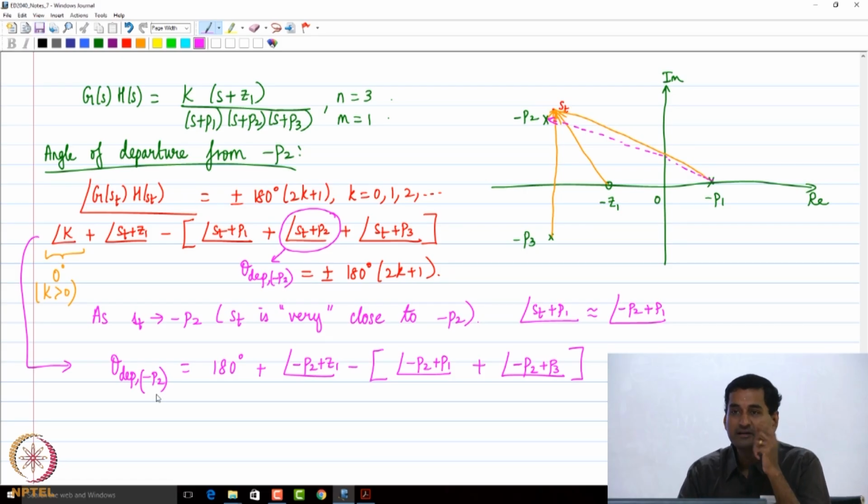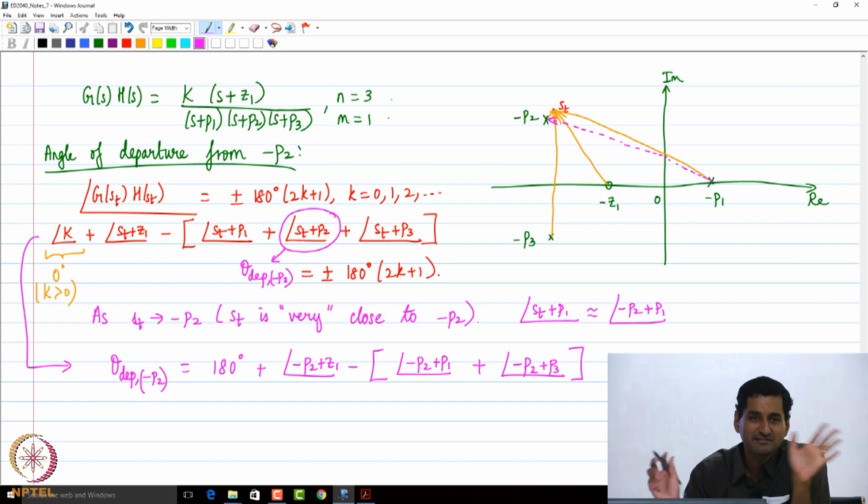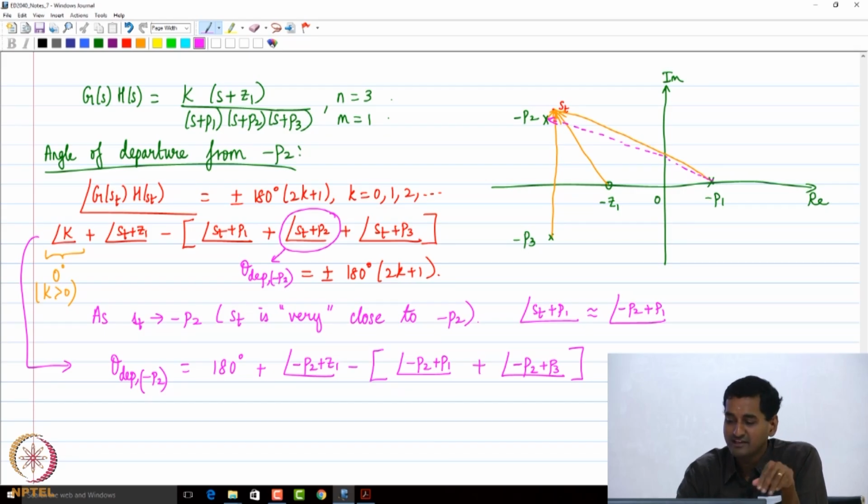So the angle of departure from a complex open loop pole is going to be 180 degrees. Of course, this becomes plus or minus 180 degrees times 2k plus 1, I just take the positive 180 degrees with k equals 0. You can take the other way around too, that doesn't matter at all. So I take 180 degrees plus this, the angle made by the open loop zero with the corresponding open loop pole, the vector drawn from minus Z1 to minus P2.